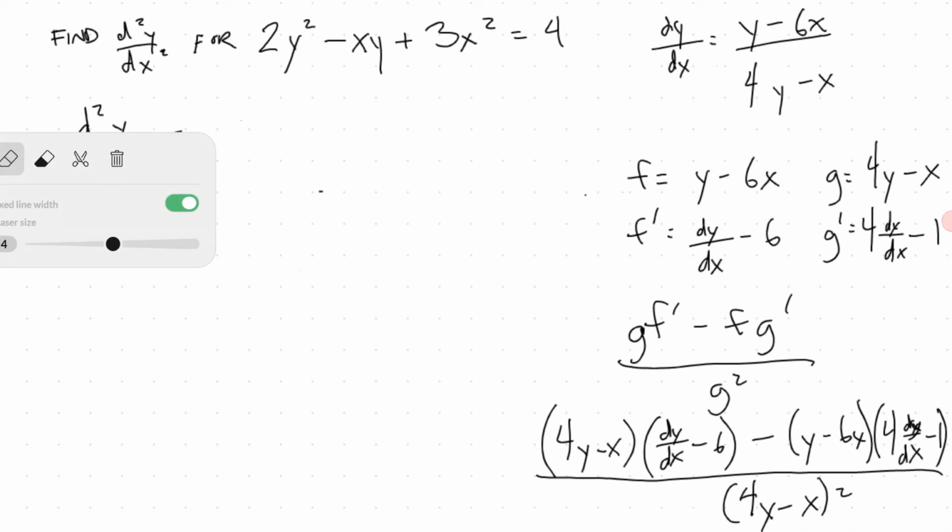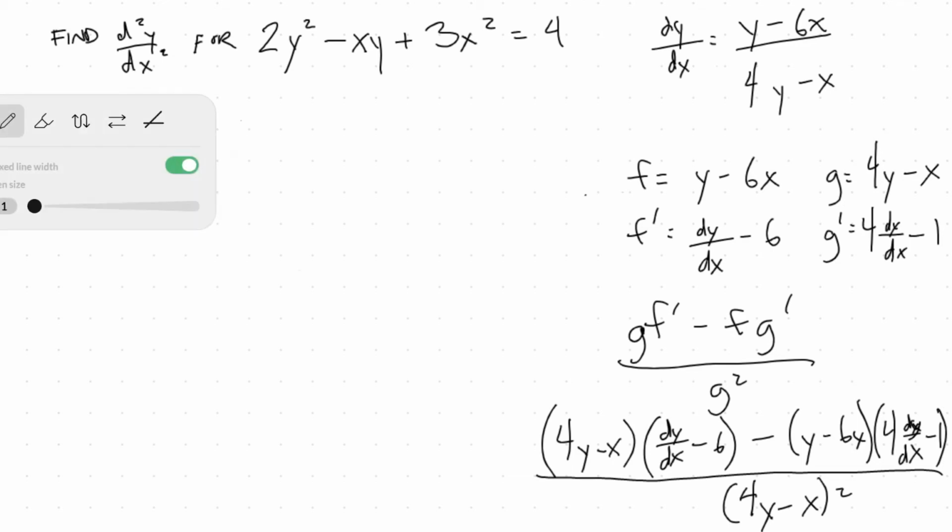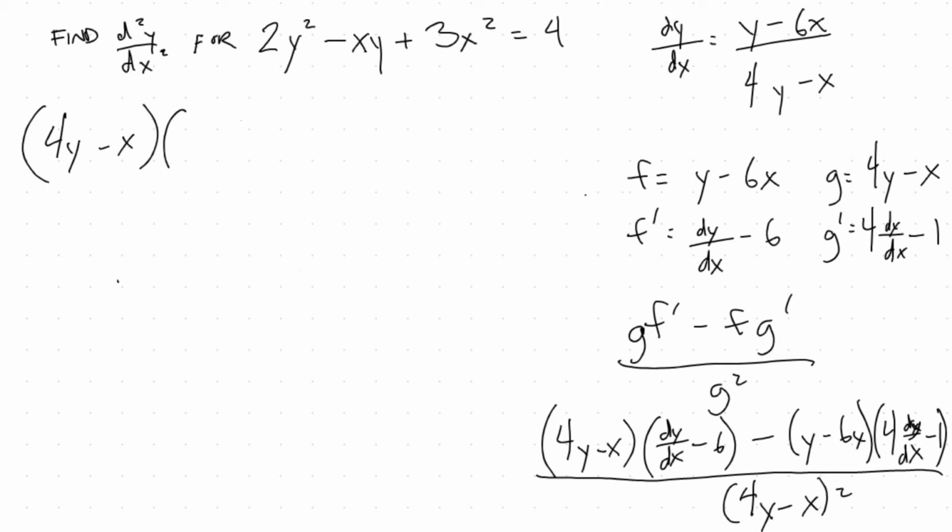So let's go ahead and make some room. Okay, so we're going to FOIL the first two binomials here. This will be 4y minus x times dy over dx minus 6.